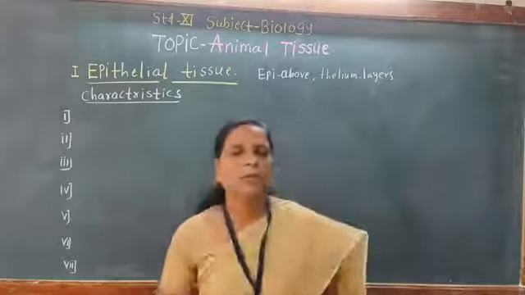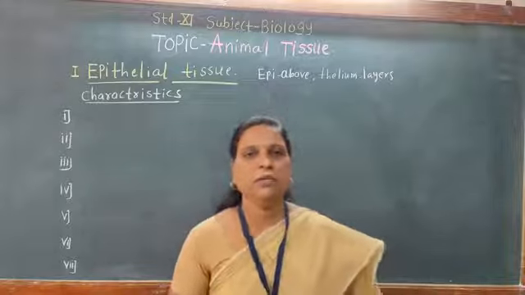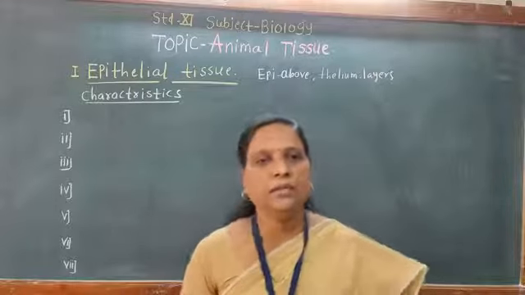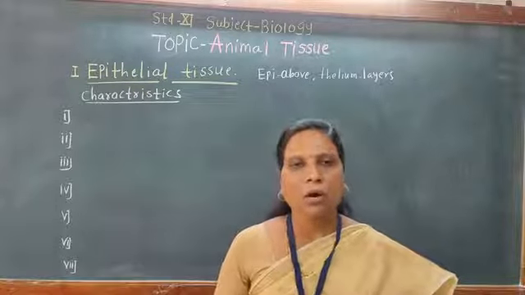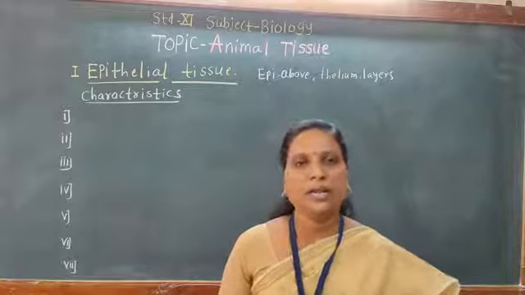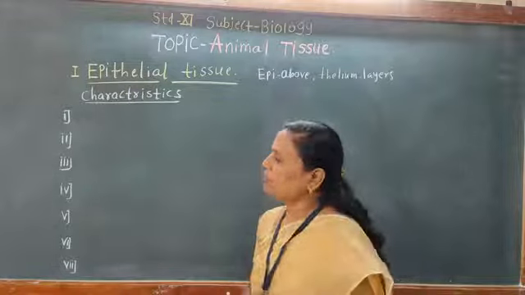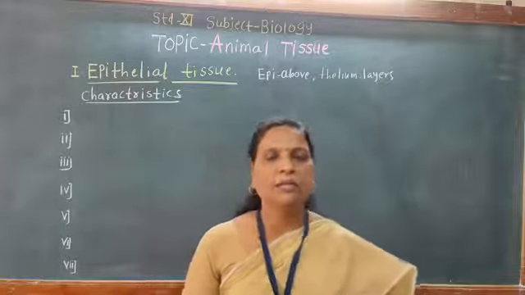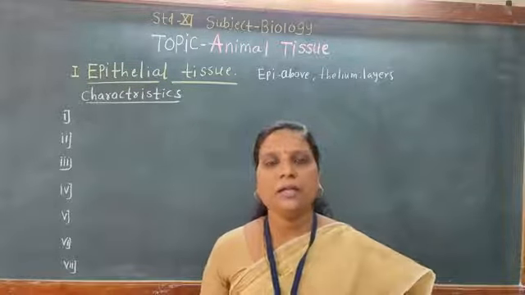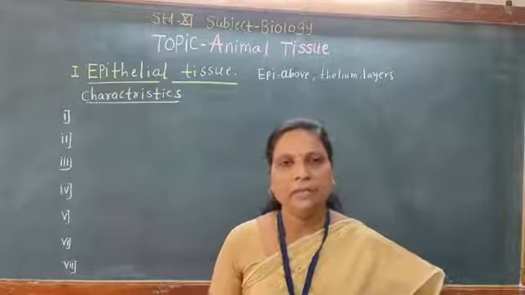Now, where is this tissue present? We have studied its location. It covers the surfaces of organs and also lines the hollow organs. So it is mainly present in organs where continuous wear and tear takes place.